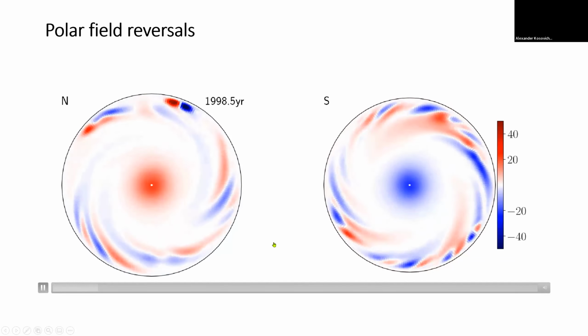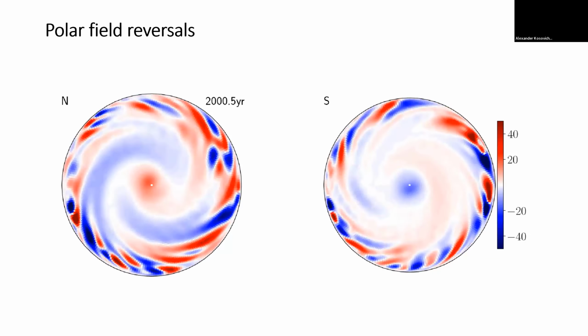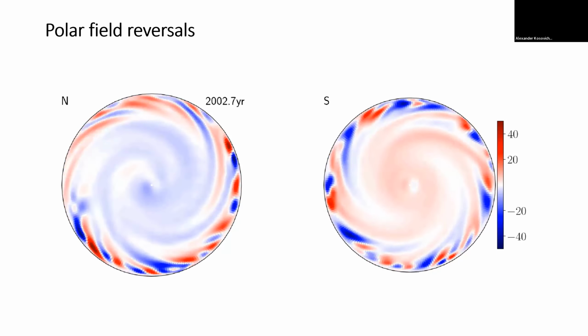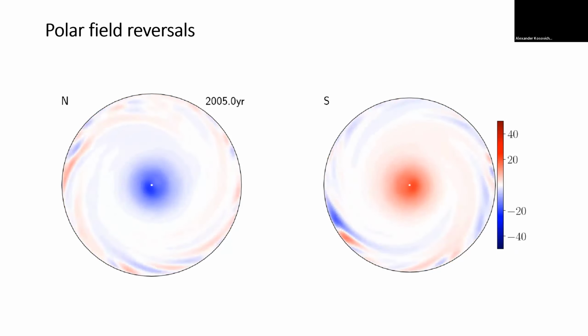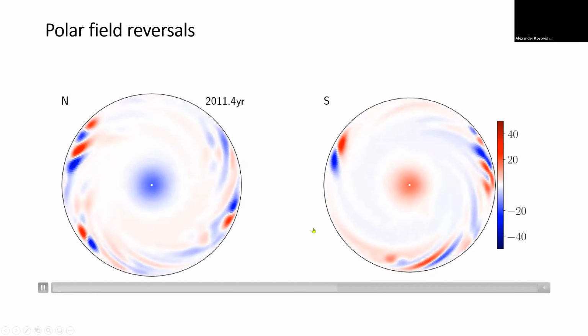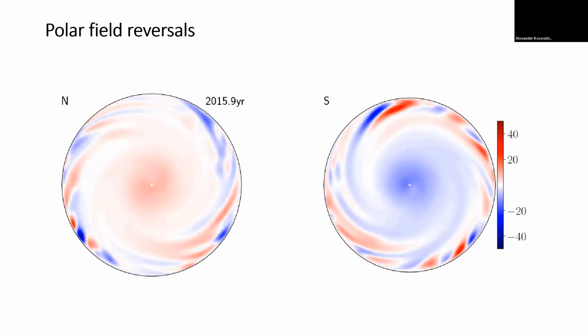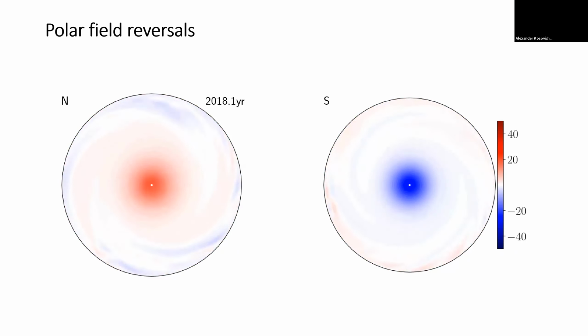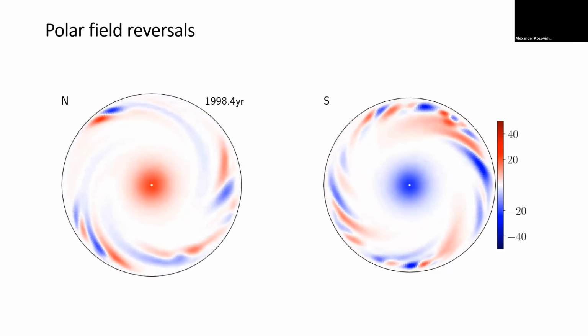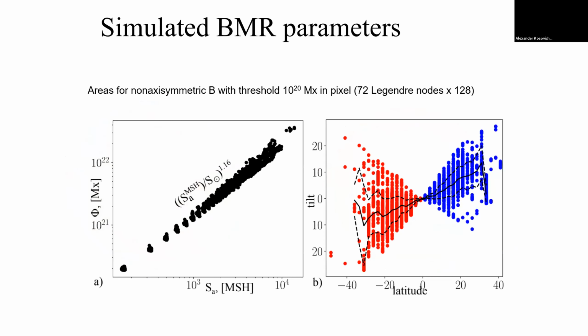The original model is axisymmetric, but the emergence of active regions creates north-south asymmetry, not only in bipolar magnetic regions, but also in the large-scale magnetic field. This is the radial magnetic field, which shows a kind of spiral structure in polar regions.